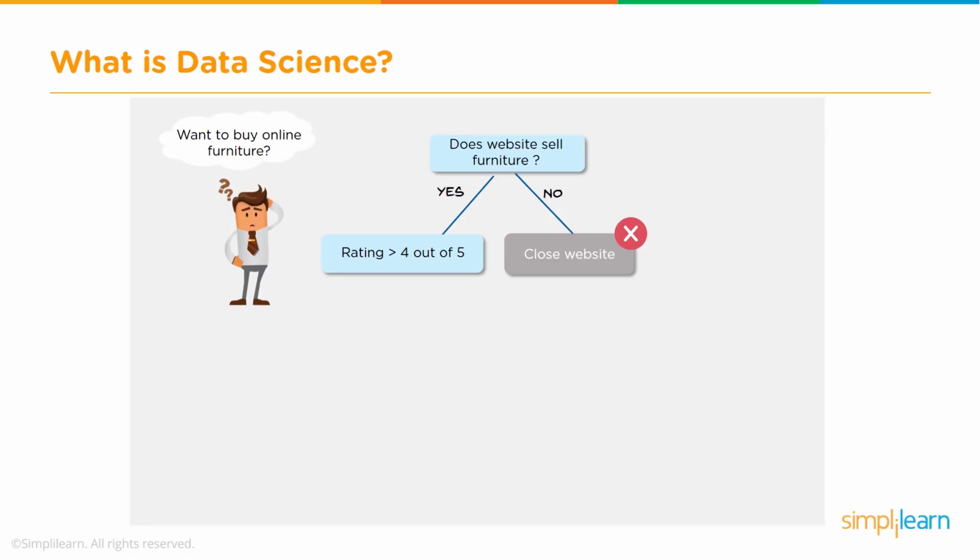So only then you want to buy from that particular website. Anything that doesn't satisfy this criteria, you close all those websites. Close in the sense you close the browser, right? So you are still left with maybe a few websites that sell furniture.